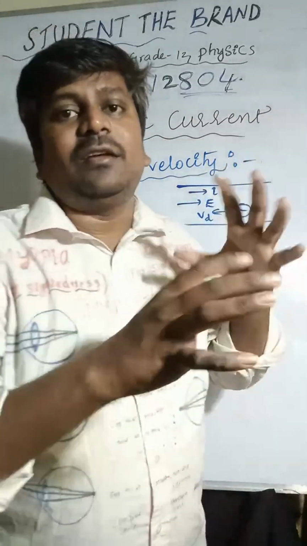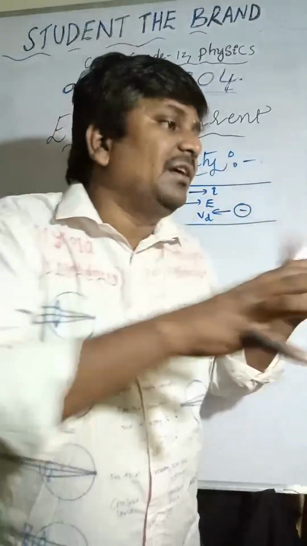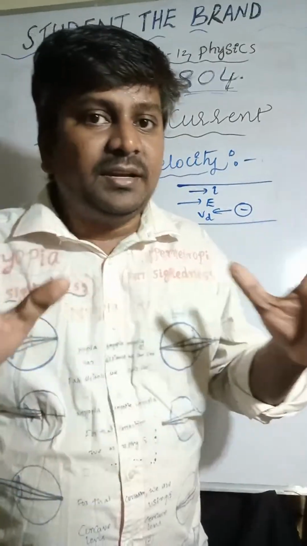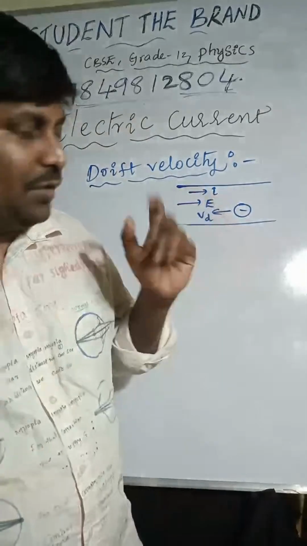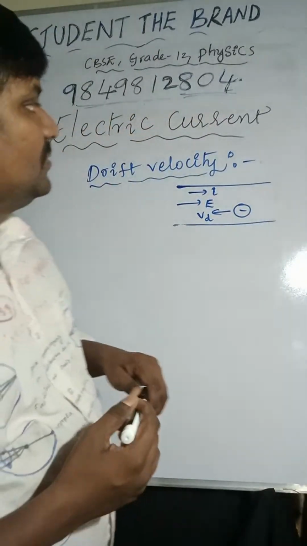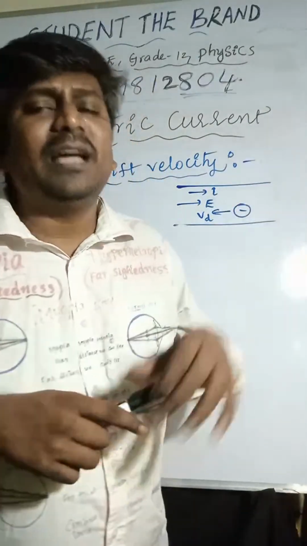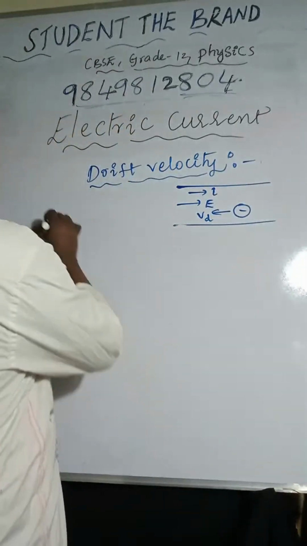So the average velocity of an electron moving in a conductor is called drift velocity. I hope it is very clear. It is the average velocity of an electron, constant for the electron moving in the conductor. And coming to relaxation time.